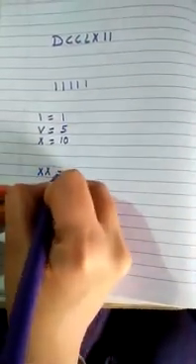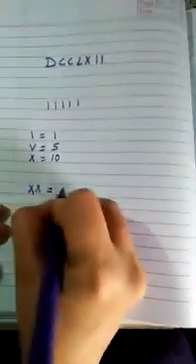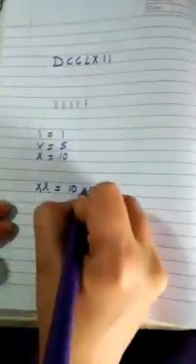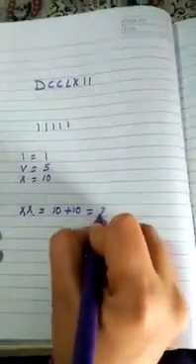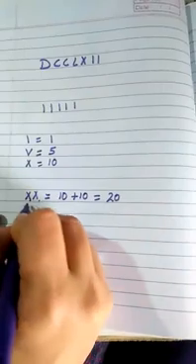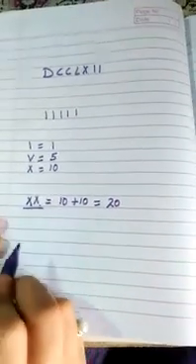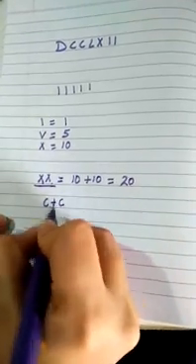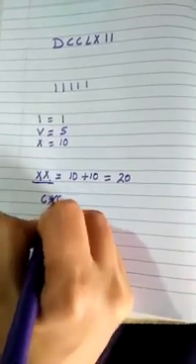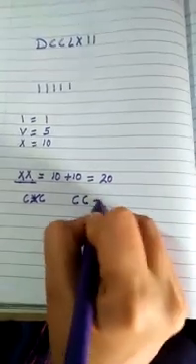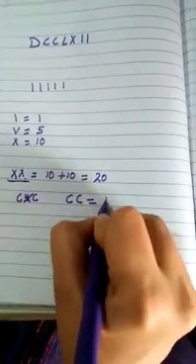For example, if I am writing X, what is the value of X? 10. Now we will add it: 10 plus 10 is equal to 20. So, what is 20 in Roman numerals? XX. Same with C plus C, we can write it like this: CC.